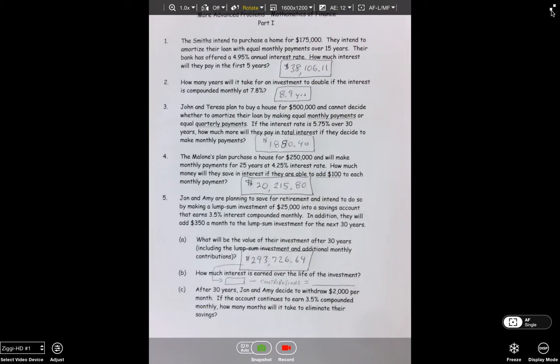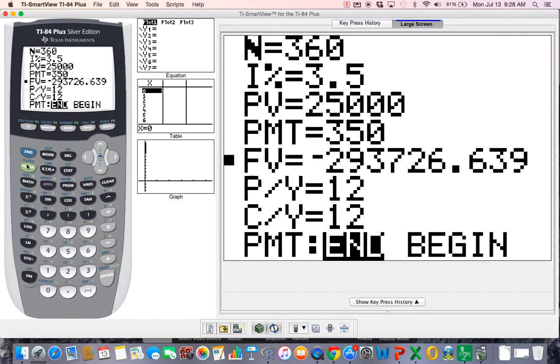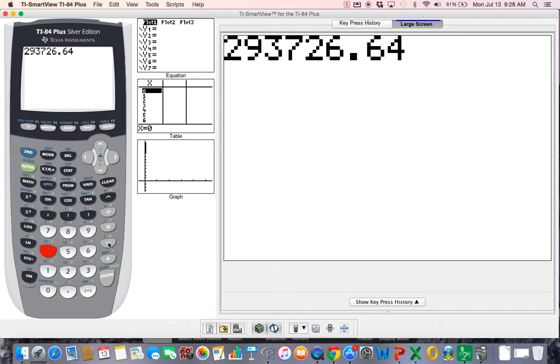Well, guys, that's going to be really easy if you just think about it. So we can take the 293,726.64, and let's subtract out what we've put into that.